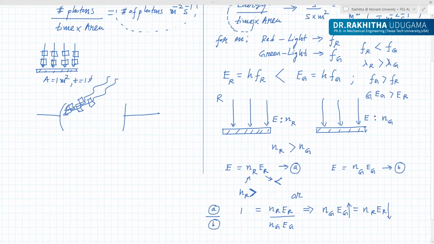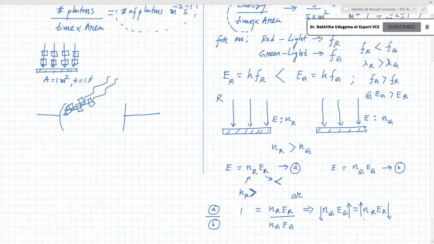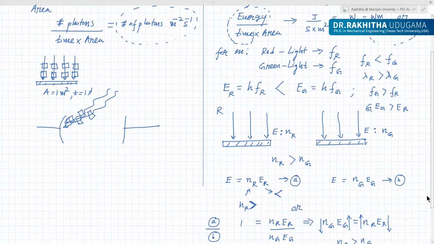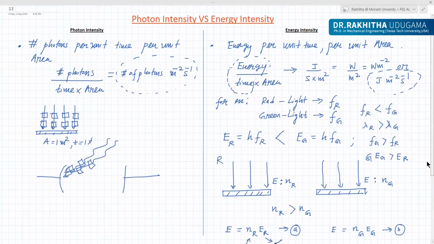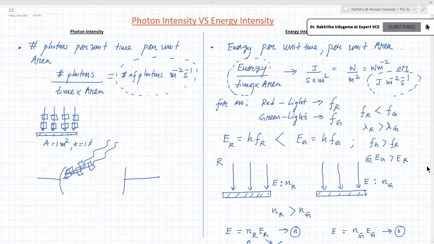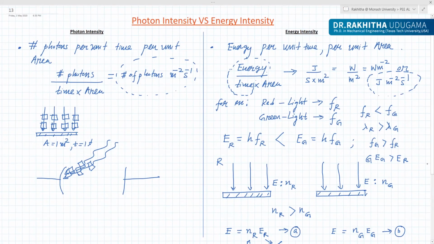So to meet the equality, N_R should be greater than N_G. So this equality tells you N_R should be greater than N_G. Okay. So now I hope I explained this discrepancy. So photon intensity is number of photons.